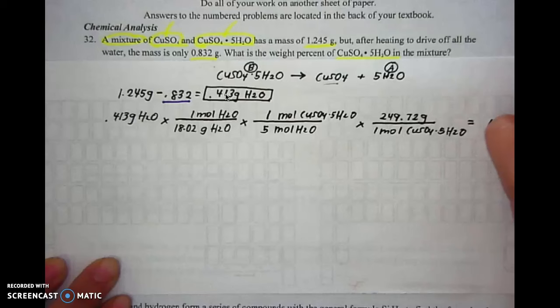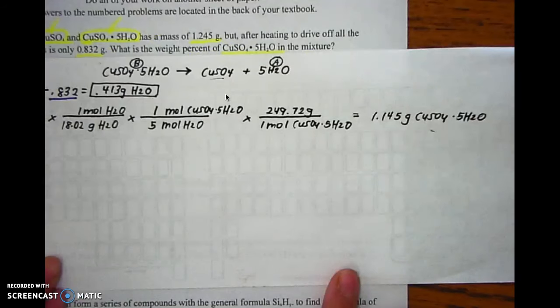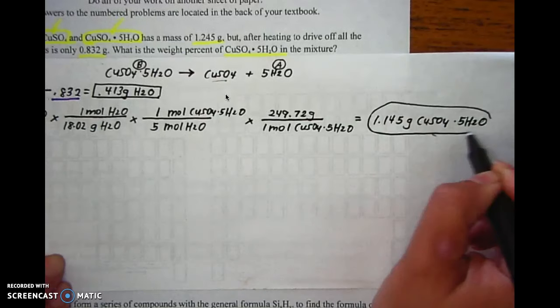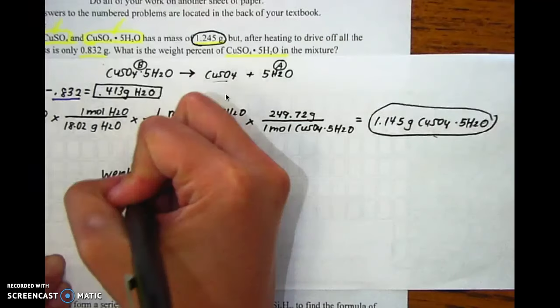Now from here, you're not done because you're trying to solve for the weight percent of the copper sulfate pentahydrate in the mixture. I know that this is the amount I have of the hydrate, and the total mass was 1.245 grams. To get your weight percent, which is the exact same thing as your mass percent, which is what we called it in the notes, all you're going to do is divide.